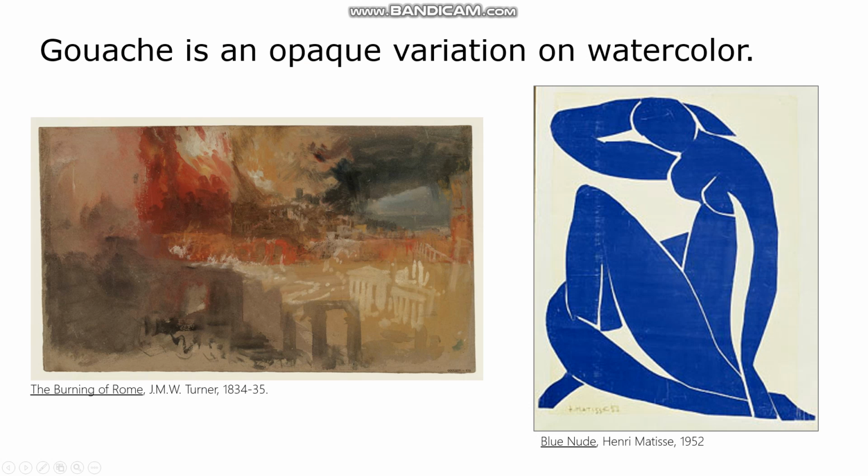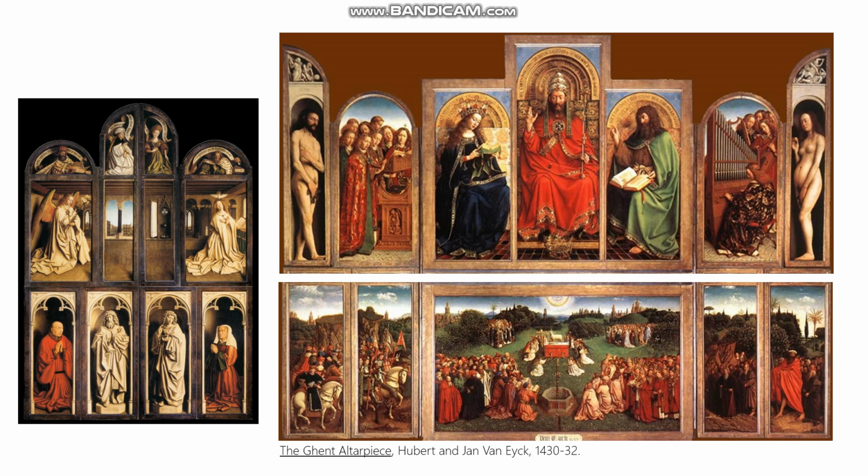Here's an example of Matisse, who used gouache as a means of coloring papers and then doing cut paper pieces. So this is a cut paper, you might say a collage or kind of a cut paper drawing of a figure, but the paper is hand colored. It was not a bought paper, that color. He hand painted that with gouache.